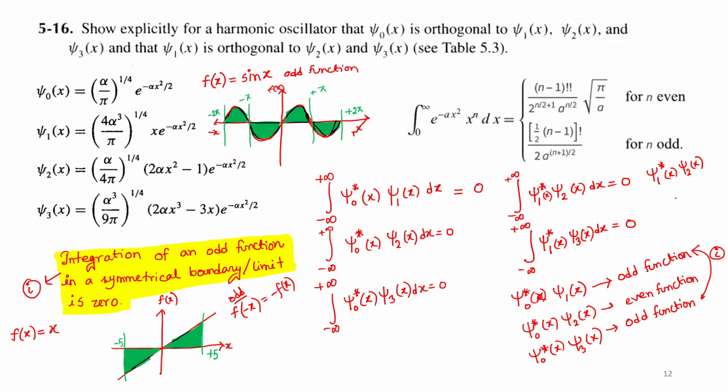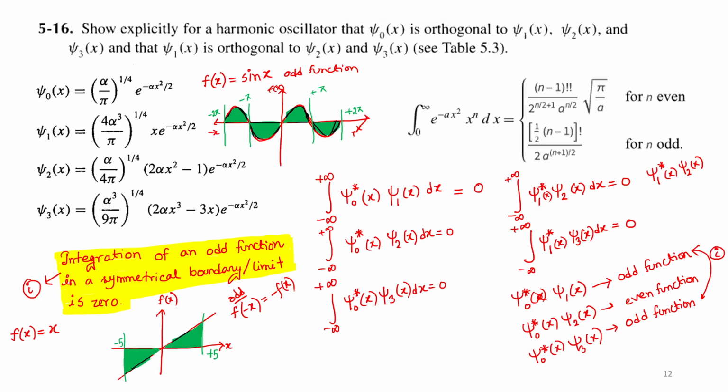Sorry for that. So psi 1 x psi 2 x. Is this multiplication odd or even? You are going to see that psi 1 and psi 2 generate some polynomial with e to the power minus alpha x square, and this part is always going to be even.